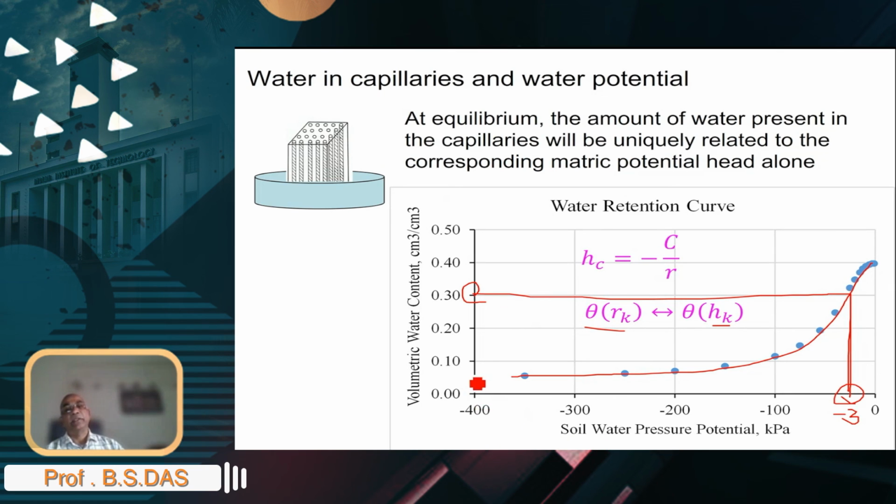Somewhere up here, you will have a permanent wilting point. So field capacity and permanent wilting point are single hydrostatic equilibrium points in the water retention curve. This is the relationship between the energy content and the water content.